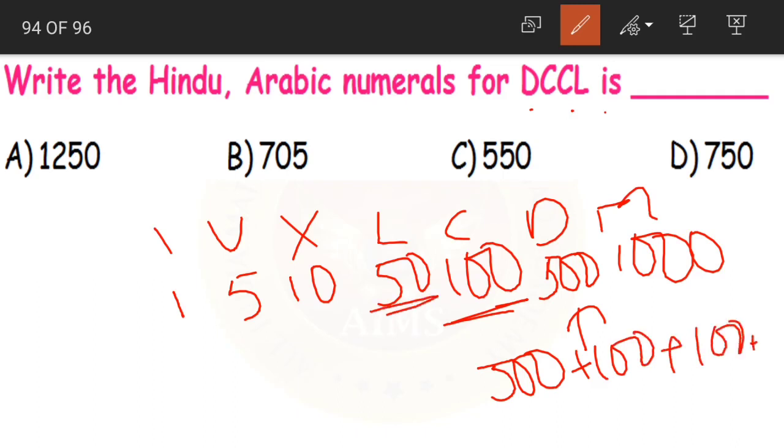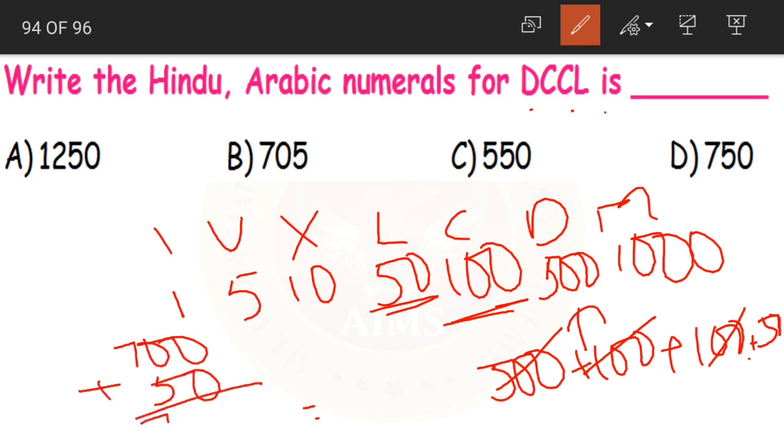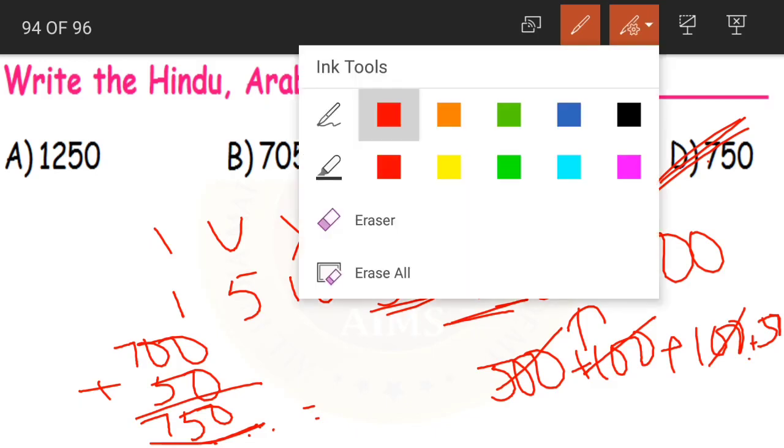And then we have L. L means 50. So 500 plus 100 is 600. 600 plus 100 is 700. And then we have 50. So when we add, the answer will be 750. That is option D. So the Hindu-Arabic numeral for DCCL is 750.